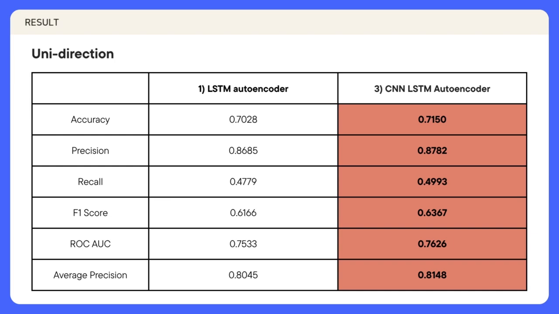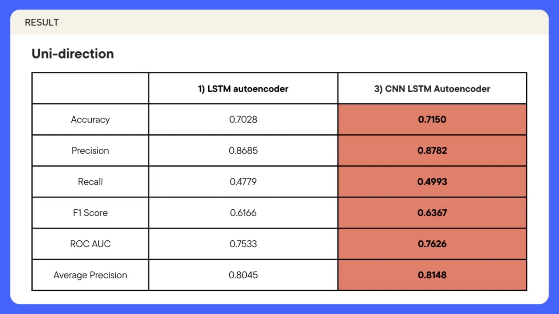We added a CNN layer to the LSTM autoencoder proposed in the reference paper so that local time-frequency patterns of the acoustic signal would be extracted first, allowing the LSTM to learn more meaningful temporal information.